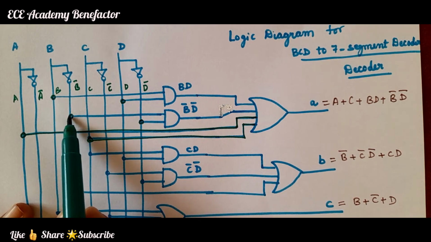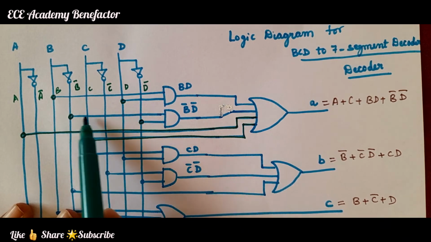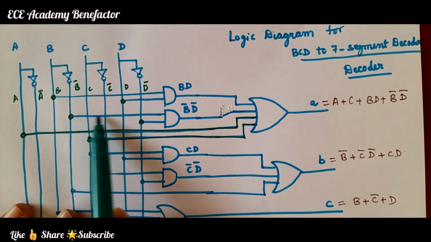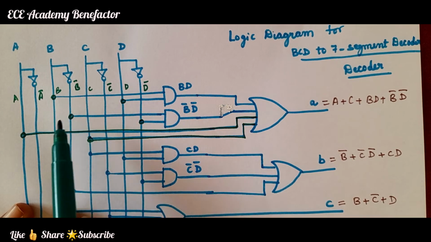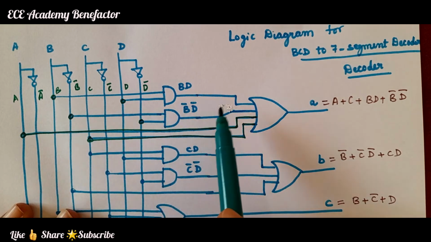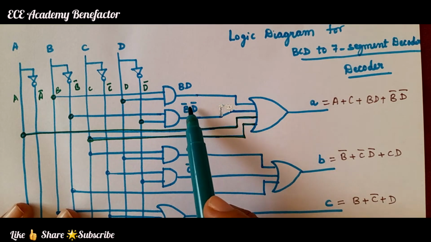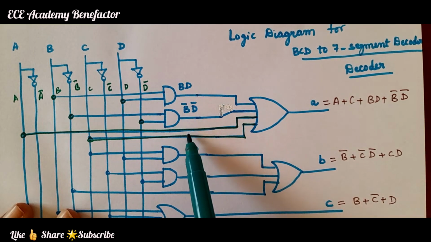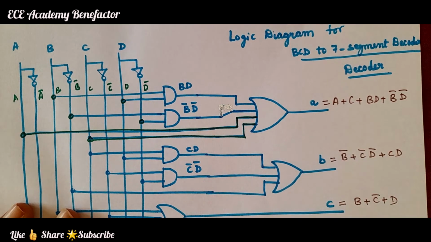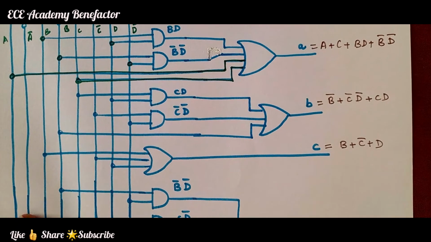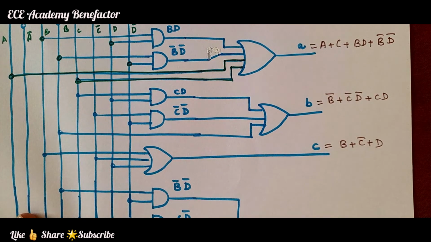If you don't darken it, it means that this input line is connected to all the input lines here connected to B. So if you darken it, it will indicate that it is connected to B bar. So after getting the terms BD, B bar D bar, A and C, give them to an OR gate to get A.